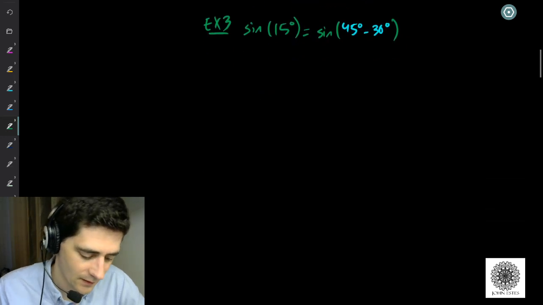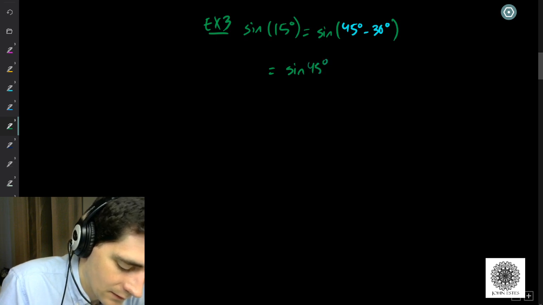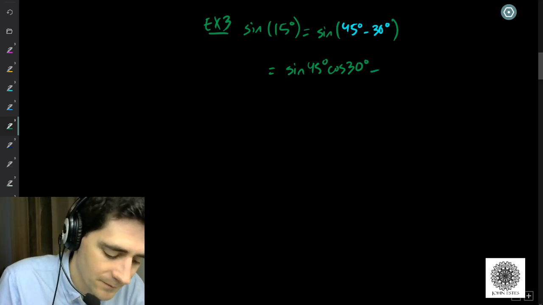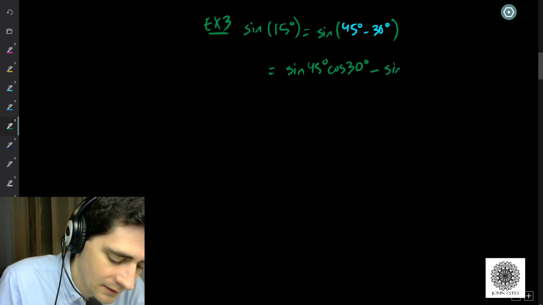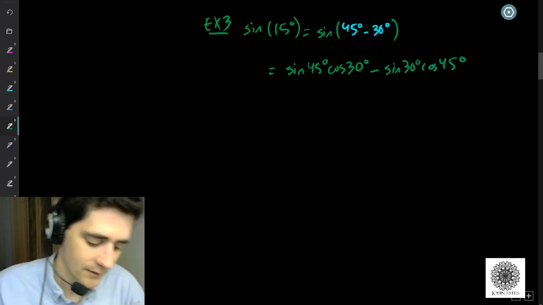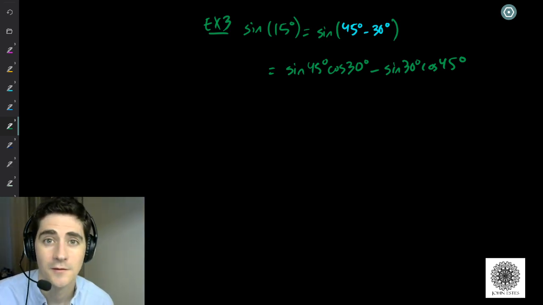So we have sine A, cosine B, right? You change your trig values, but we keep the plus or minus. So that's going to be minus sine B, cosine A. So I have sine 45, cosine 30, minus sine 30, cosine 45.